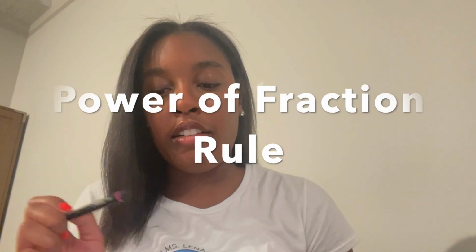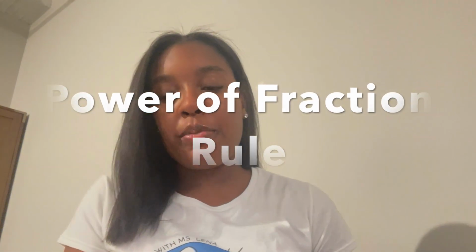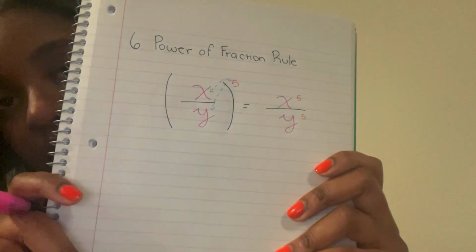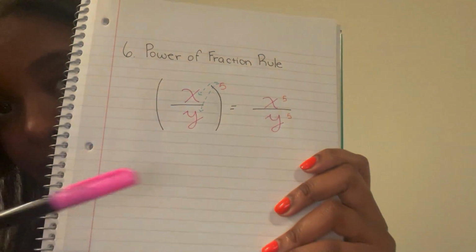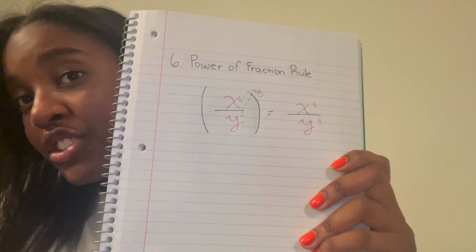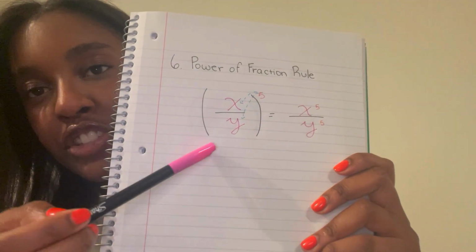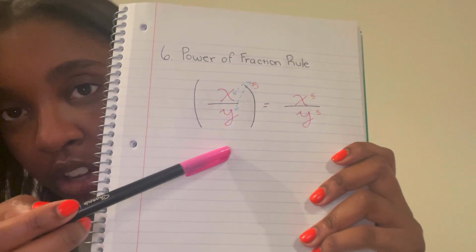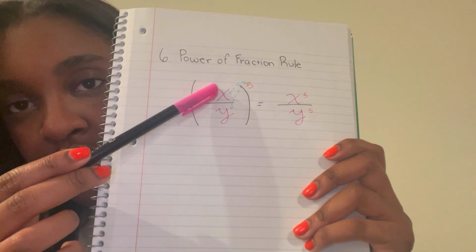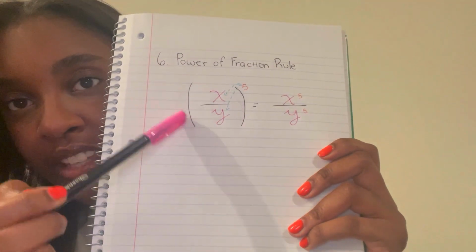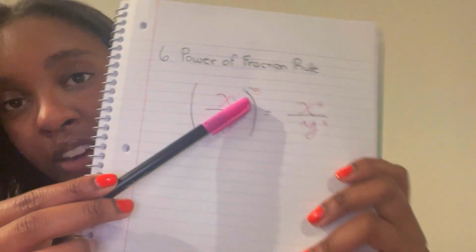Okay, so now for the second to last rule, we have the power of a fraction rule. So again, we're using parentheses, but this time we're actually distributing and using a bit of the distributive property. So here we have x over y in parentheses raised to the power of 5.